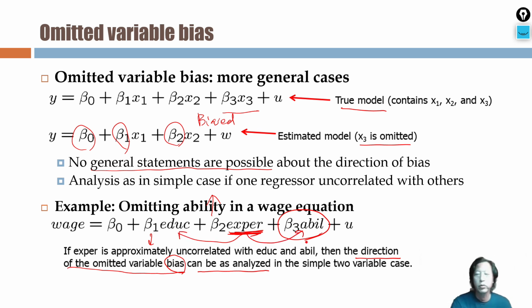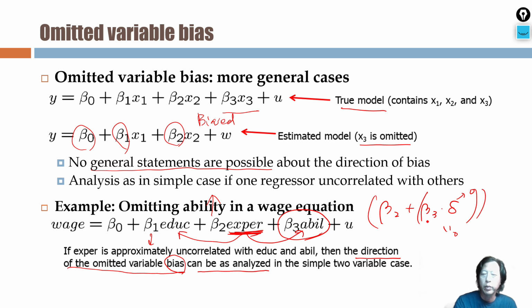Then, as you saw, beta 2 times beta 3 will be 0, so this summation will be 0, and the new beta 2 will still be the same as beta 2. So only when everything is completely uncorrelated can we say it's not biased by the omitted variable.